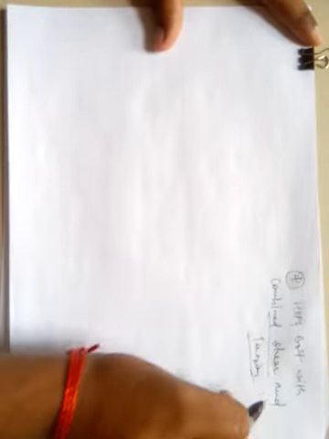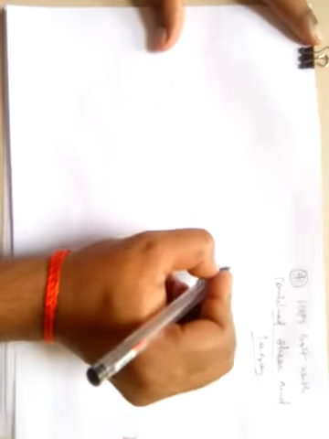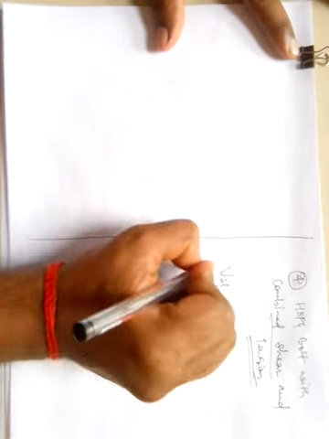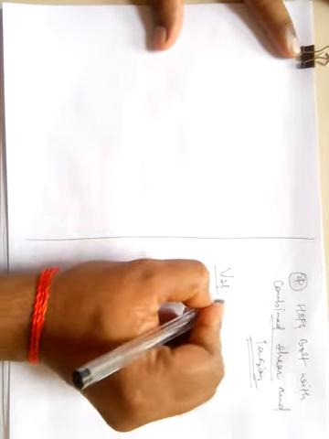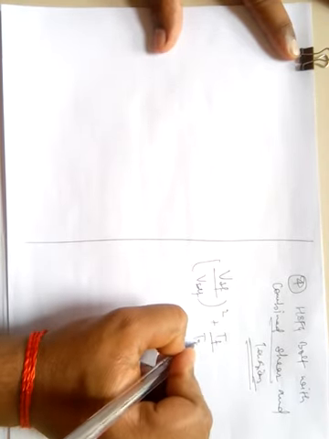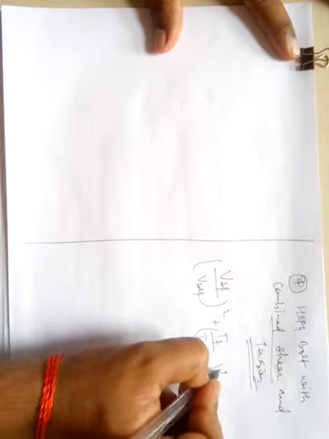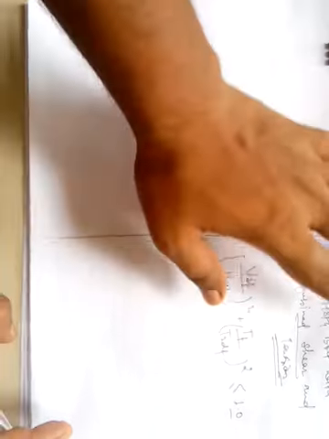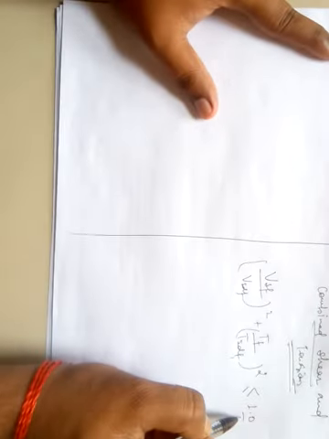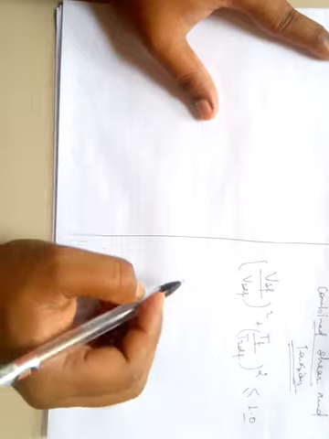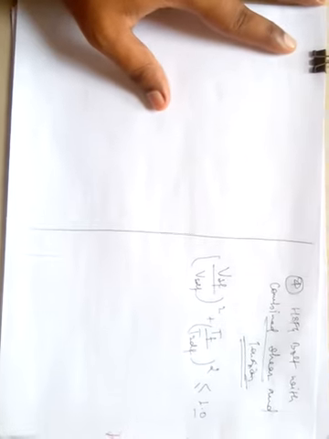When shear and tension both act simultaneously, then the IS code has specified that (VSF by VDSF) whole square plus (TF by TDSF) whole square should not be greater than 1.0, means it may be equal to 1 or it must be less than 1.0.